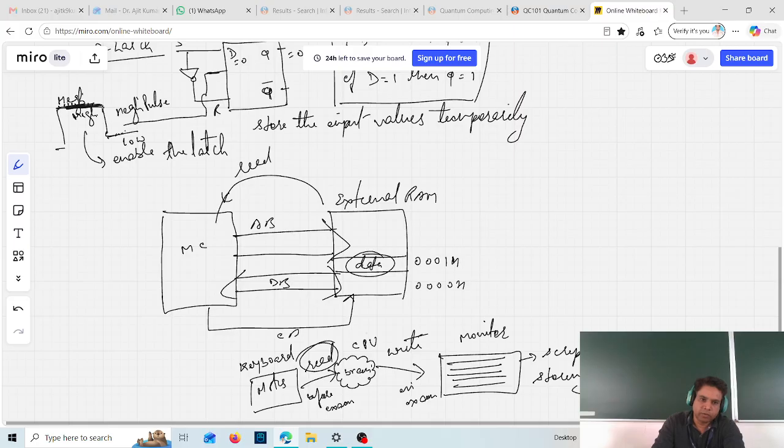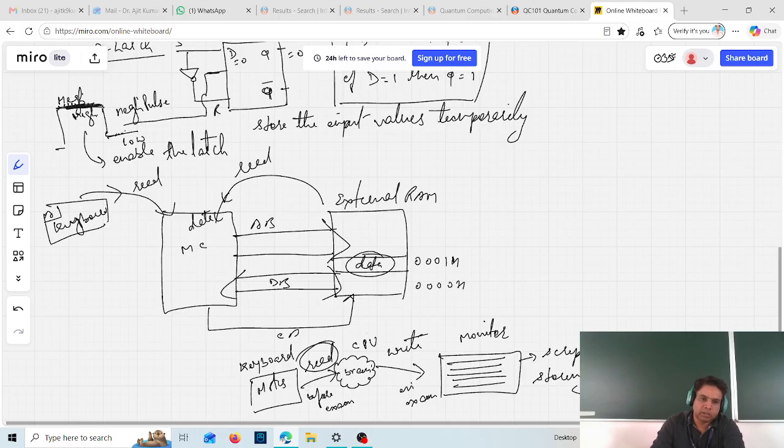So when the microcontroller or microprocessor brings the data from the memory chip, or from an input device like a keyboard, when you press any button, that signal goes into the microcontroller. Then it is a read operation.